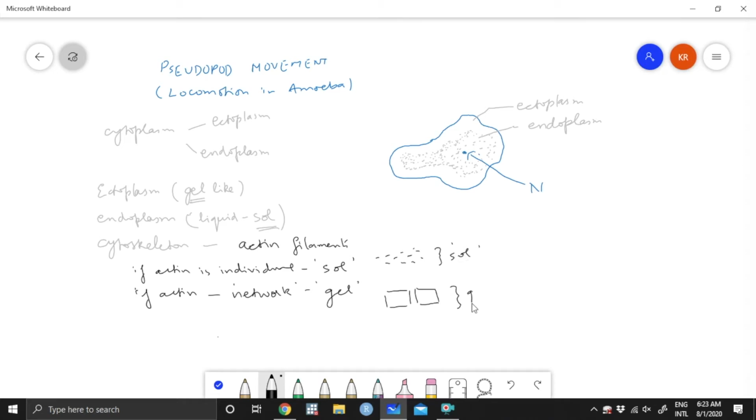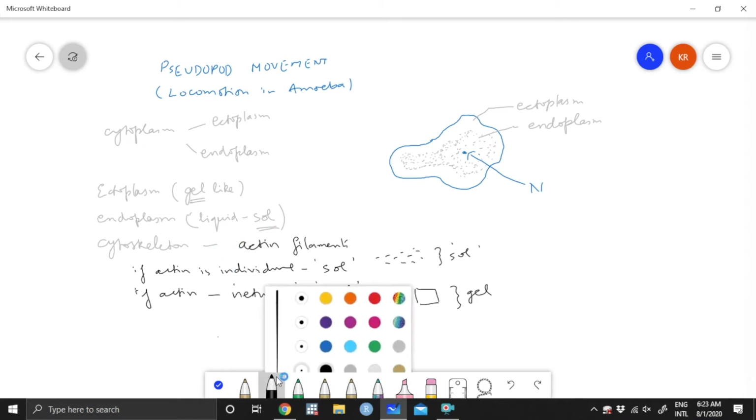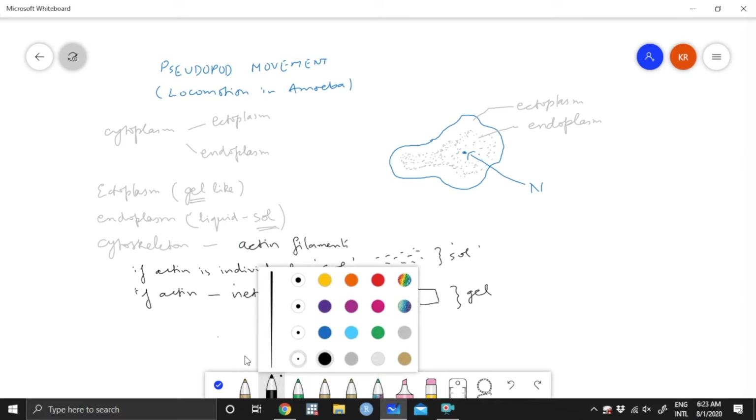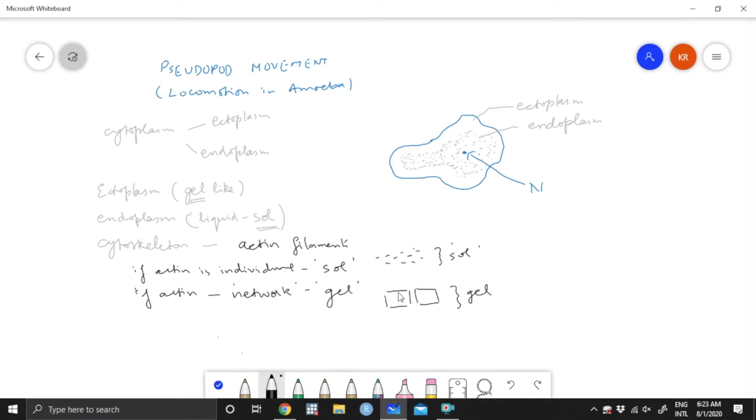Here this is gel-like. So this change of form of the cytoskeleton of actin is responsible for converting sol into gel and gel into sol. And that is what is responsible for ectoplasm and endoplasm. So ectoplasm is more gel-like and endoplasm is more sol-like.